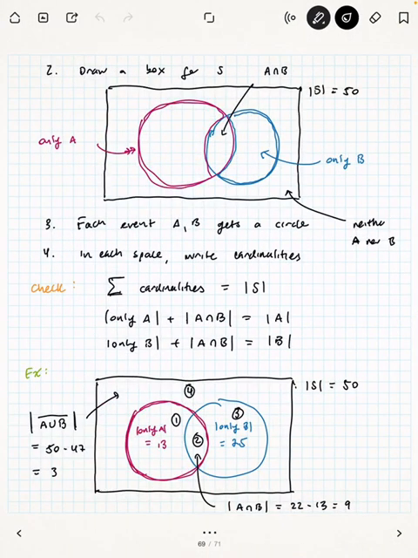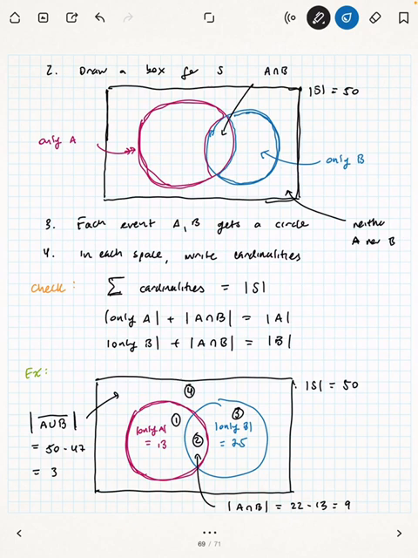Okay. With that, the second step is to draw a box for the sample space. So this is our box. And each event A and B gets a circle. So I have my A circle, and I've got my B circle. And what this does is it helps us determine the individual pieces of these sets that we've discussed in the previous parts.